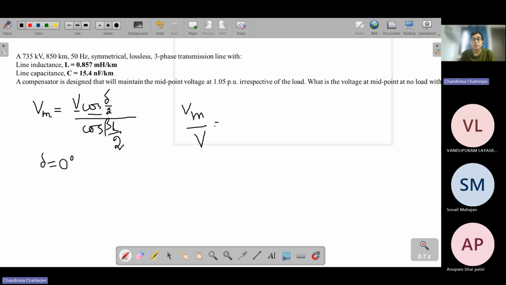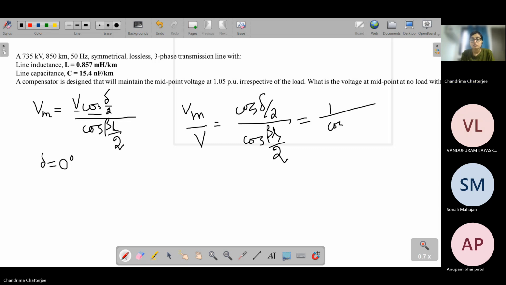So the per unit will be cos delta by 2 by cos beta L by 2. At no load, the numerator becomes 1. So 1 by cos beta L by 2.